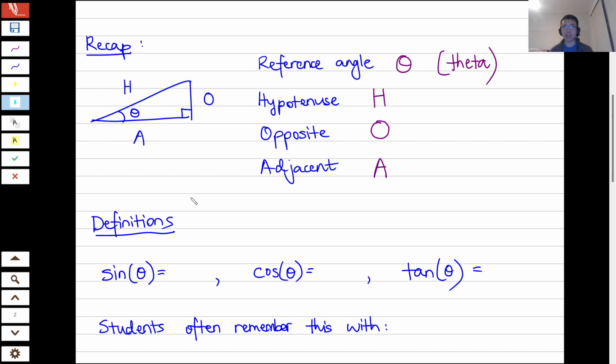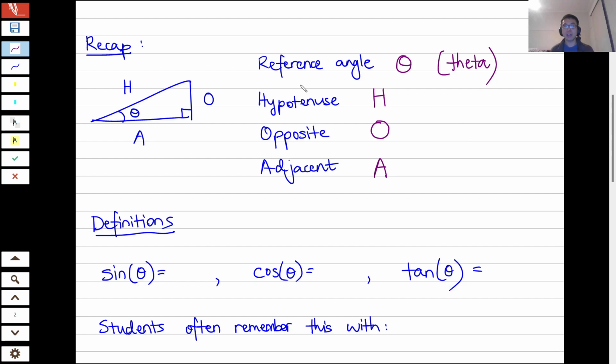So, now that we have this language, we are ready to define sine of theta, cos theta, and tan theta. If you go on in maths, you will define these in a different way, but for now, we're just going to be concerned with the ratios of side lengths in a right angled triangle.